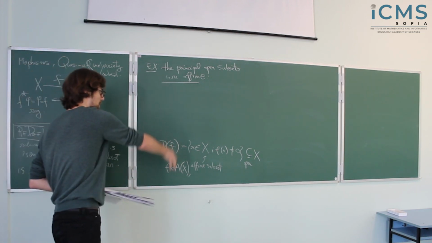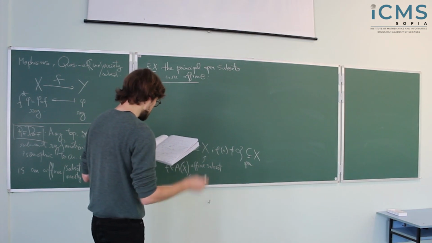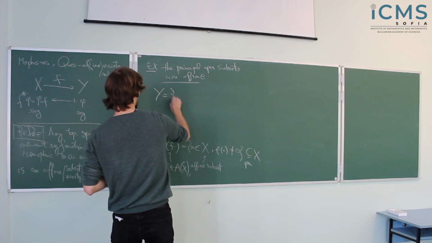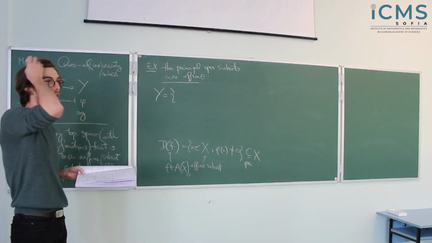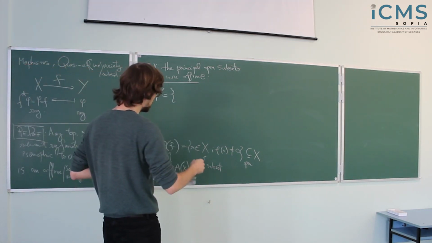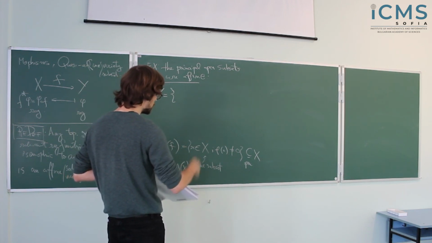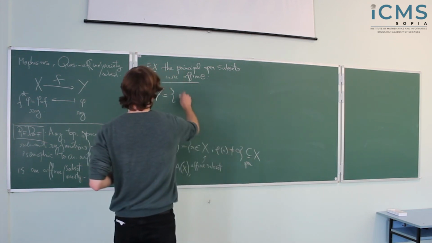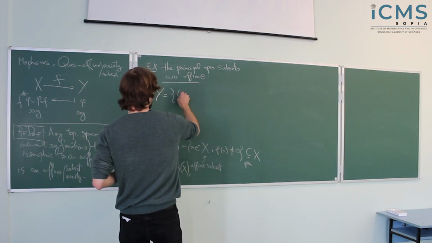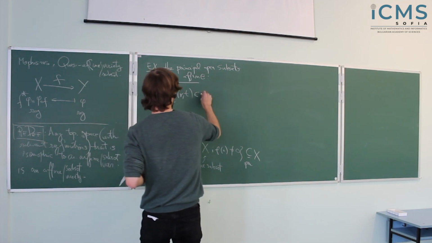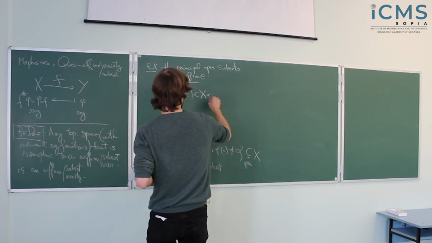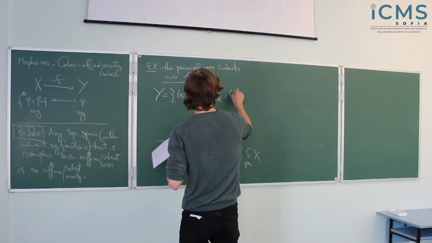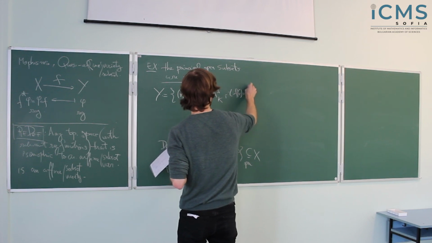The reason I left so much space here is that I'll define another space, which lives in a space one dimension higher than the one x can be embedded in. How do you do it? You take points (x, t) in x times A^1, such that t times f(x) is equal to 1.